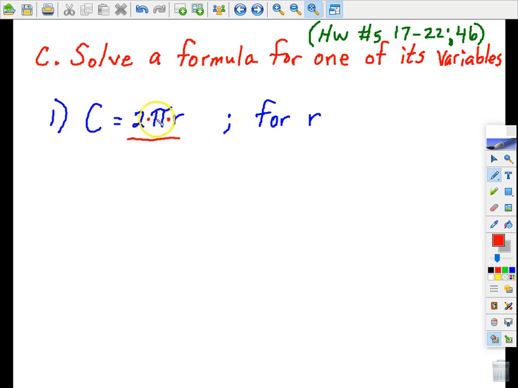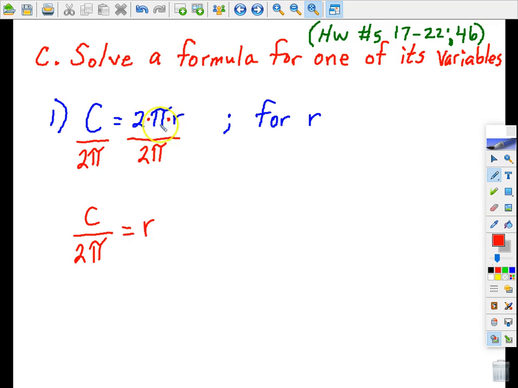Remember, the way we undo multiplication is with division. And since I'm going to divide by the product of 2pi on the right side, then I must also divide by 2pi on the left. So whatever you do to one side, remember you must do to the other. And so on the left side, we end up with c divided by 2pi.